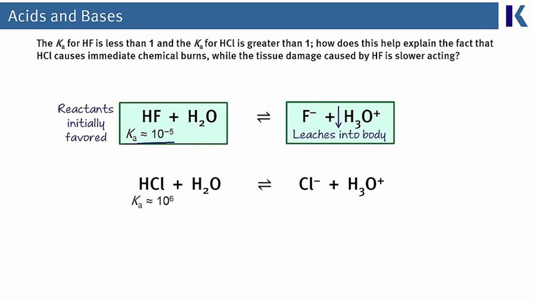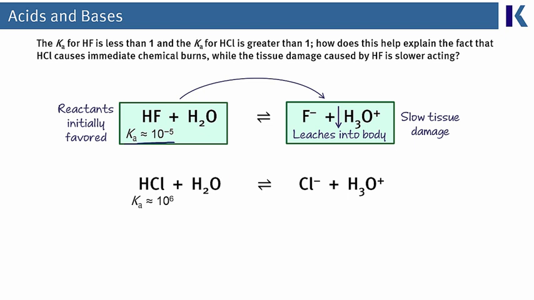As we consume the product, as it attacks your body, what effect is that going to have on the overall equilibrium? As the hydronium cation on the right attacks your body, this equilibrium is going to continually shift over to the right in order to continually supply more hydronium cation. This actually explains why hydrofluoric acid can take several hours to have the damaging physiological effects described in the question stem.